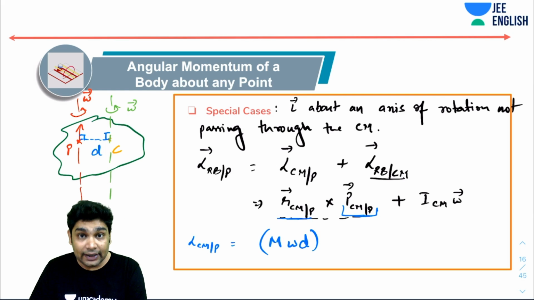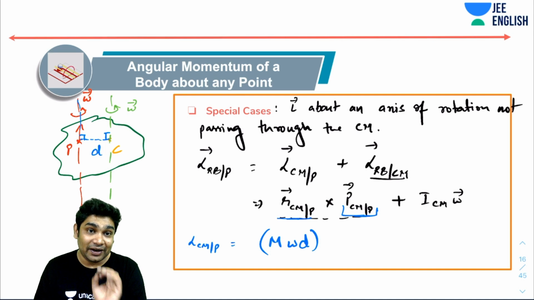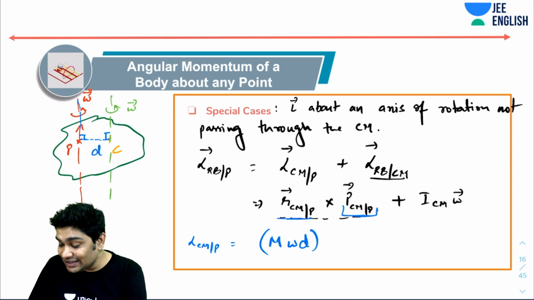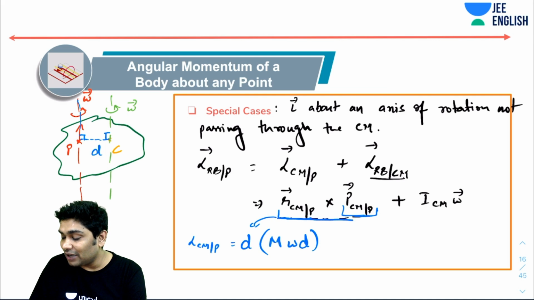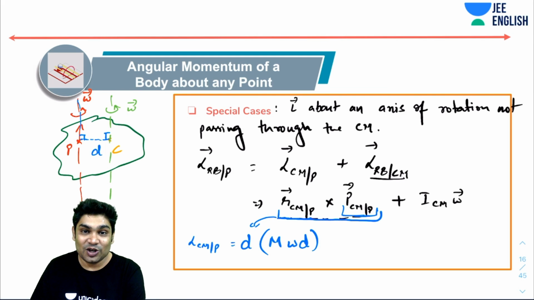Okay. Then I could have made the cross, and since I had to take the component along this axis, I would have had to again multiply with the perpendicular distance only. So this is what this entire thing will become. I hope you realize where we are going with this.